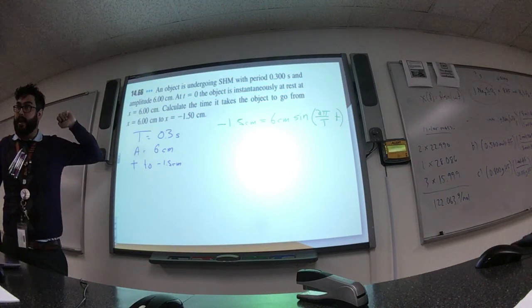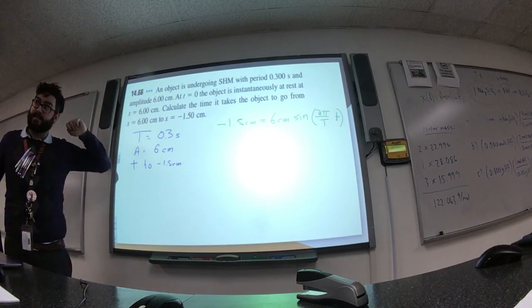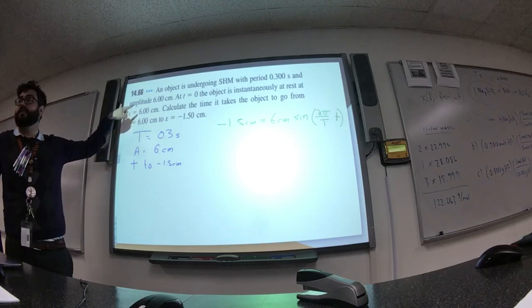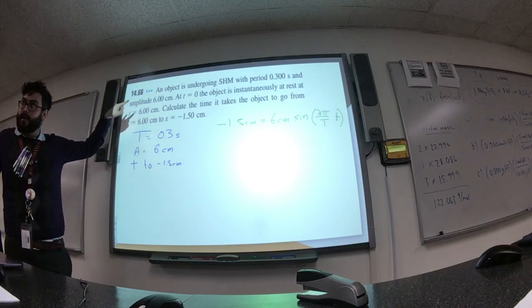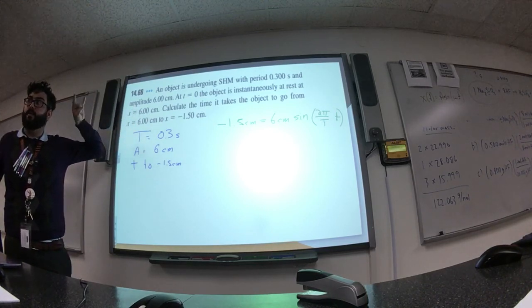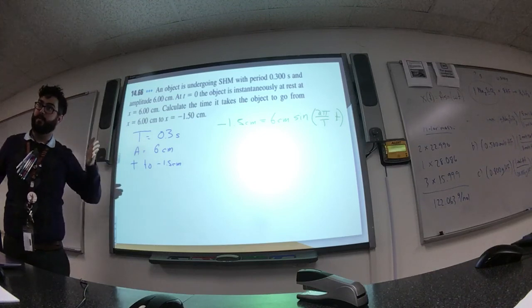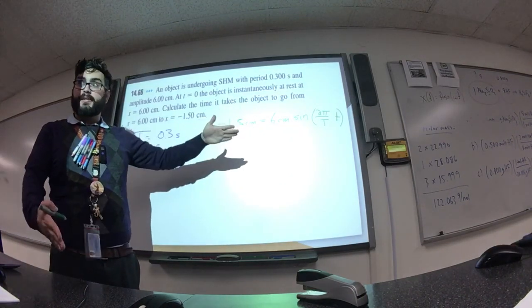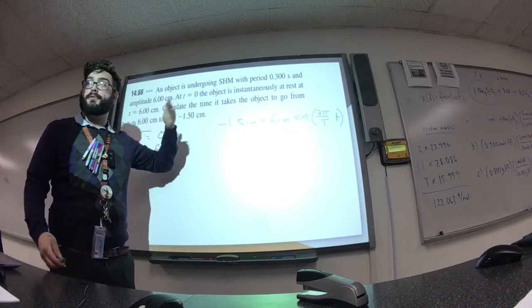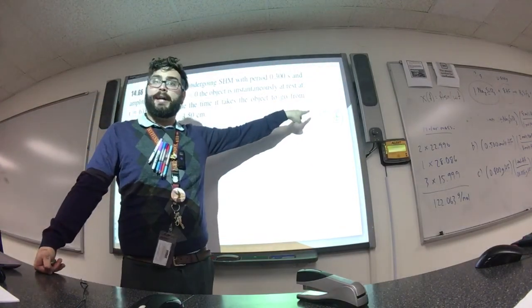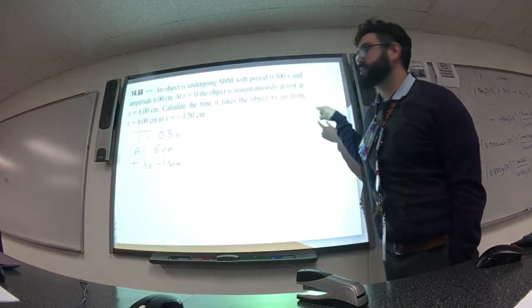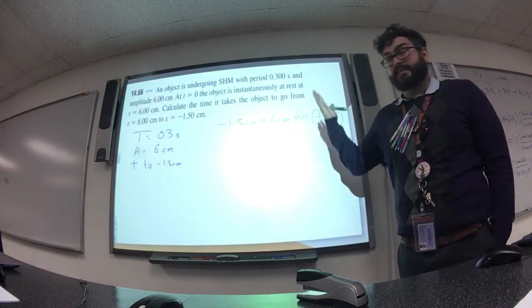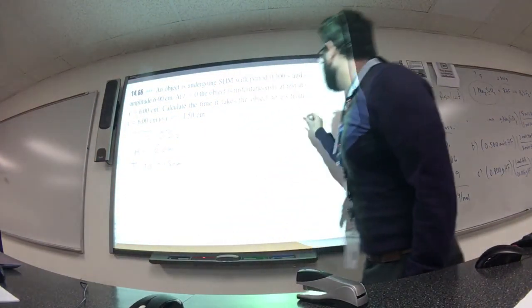If it's at rest at the amplitude, the velocity function should be 0 there. That means position is not 0, it's maximum. The position function that starts at maximum when t equals 0 can't be sine, because sine always starts at the origin, at 0. So it should not be sine.